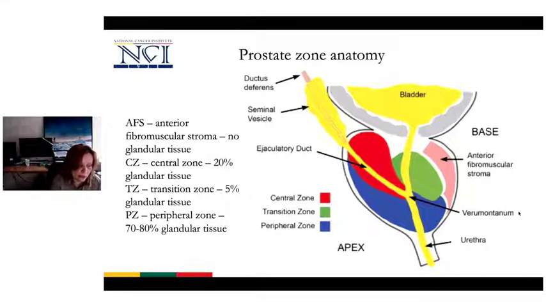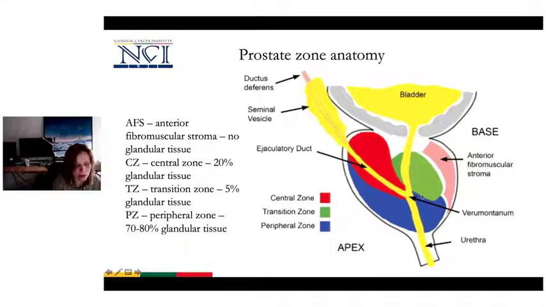I will remind you of prostate zonal anatomy because it's really crucial in PIRADS evaluation. Here we have a schematic picture of the prostate. In the upper part we have the base. Here we have the apex and the urethra going through the prostate. Around the ejaculatory ducts we have the central zone.